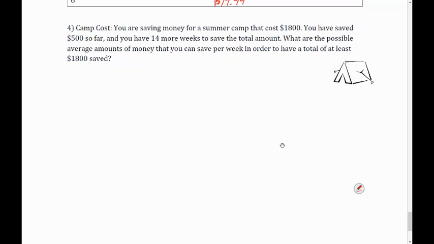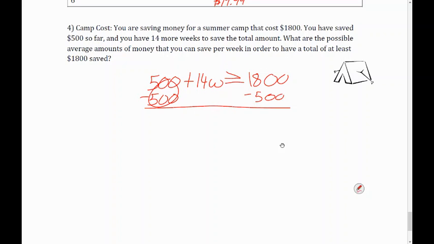All right, so we now have $500. We have a total of 14 weeks left, and I want to save at least $1,800. We're subtracting 500 from each side. We're dropping down the 14W, which is greater than or equal to 1,300.